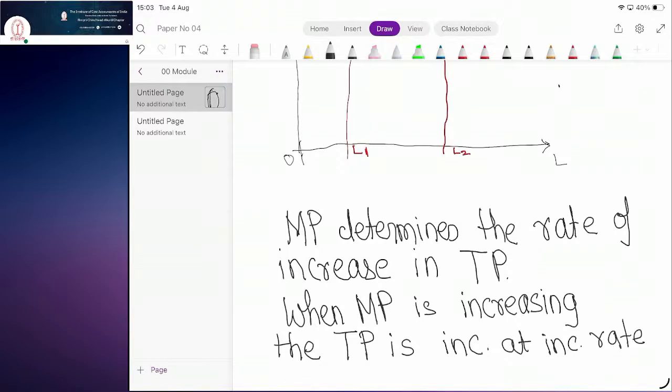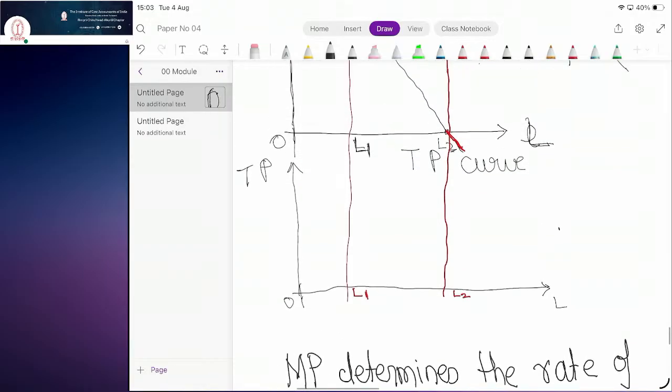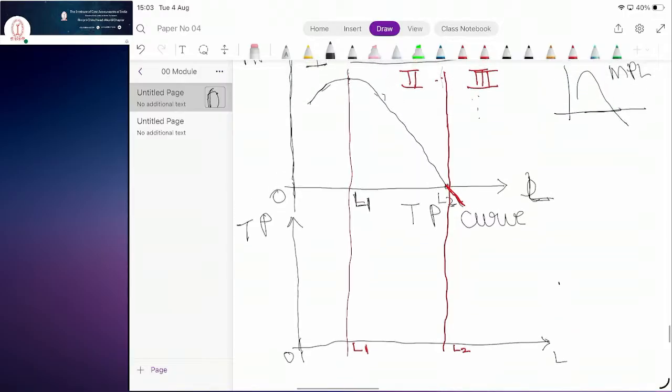So if you look at this part now, I want to draw the total product curve from 0 to L1. Total product is increasing at an increasing rate, so this graph has this feature.